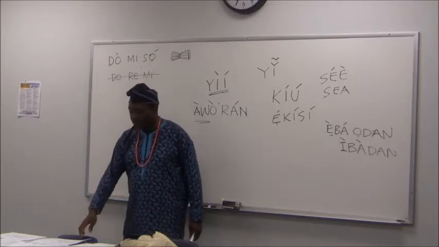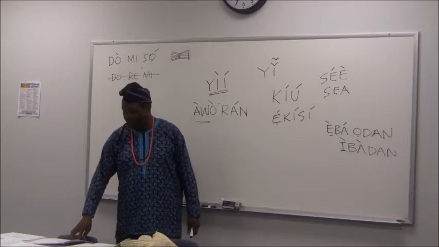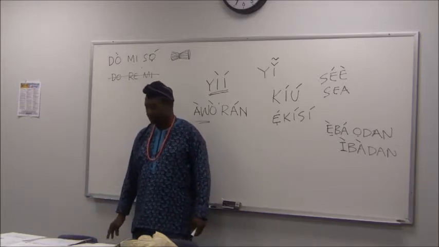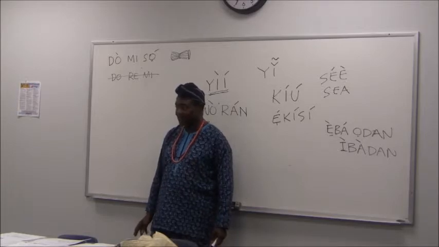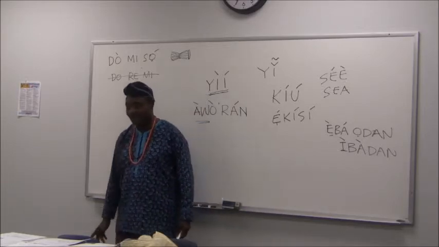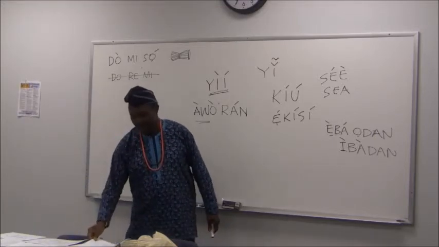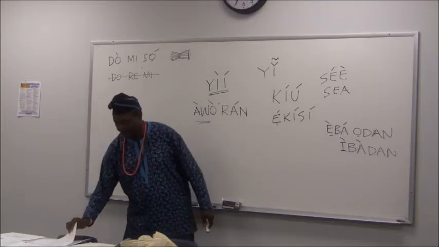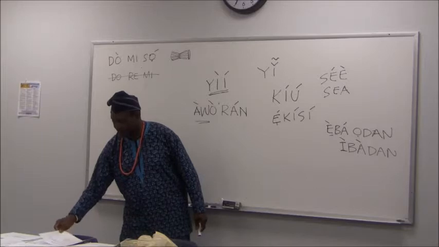Which is the same with mi ò lọ, but with a little emphasis on fẹ́, because fẹ́ is like, I don't like to go. I don't want to go, right? Is that clear? Questions? Questions before we move on? We move quickly so that we can attend to those words we talked about.